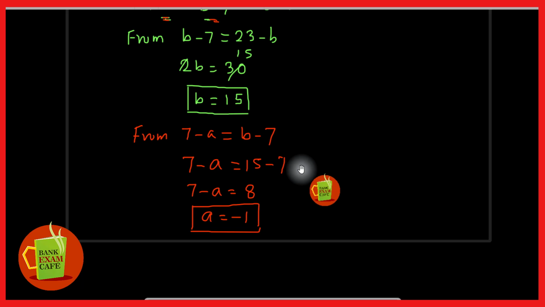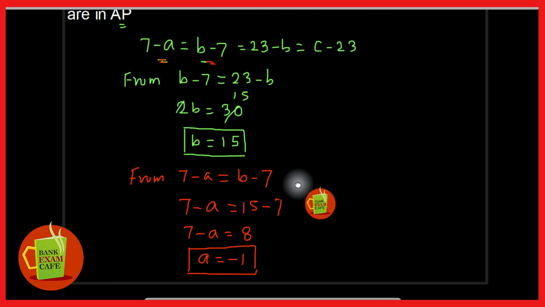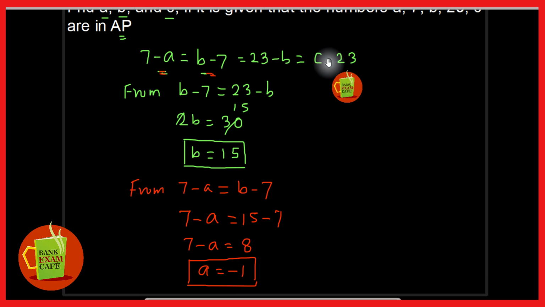Now we will see the other one: 23 minus B is equal to C minus 23.